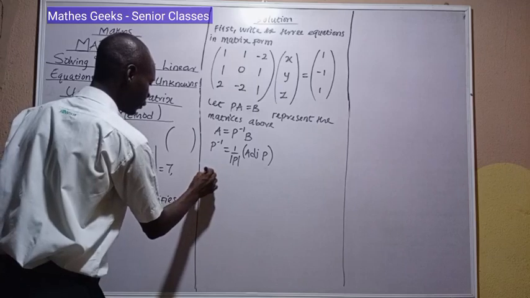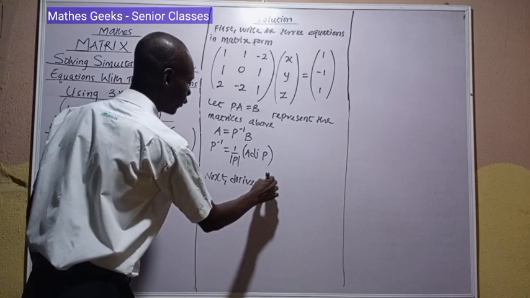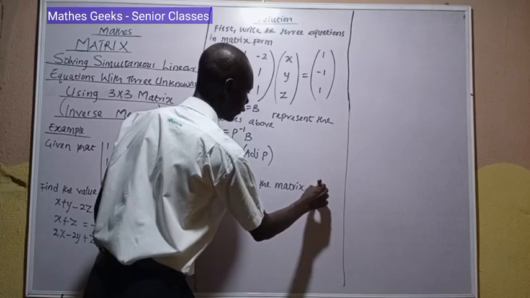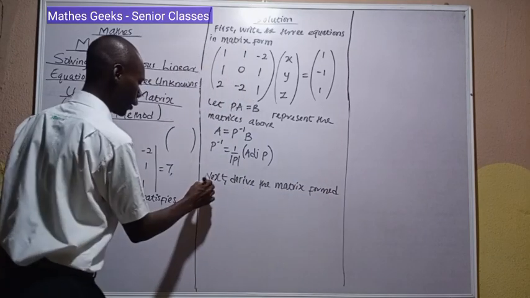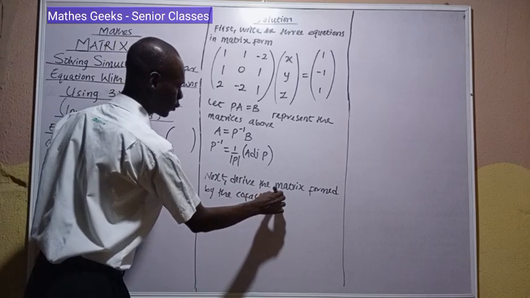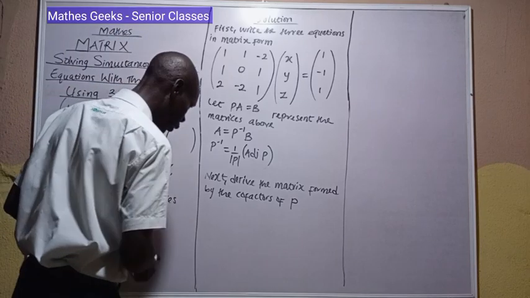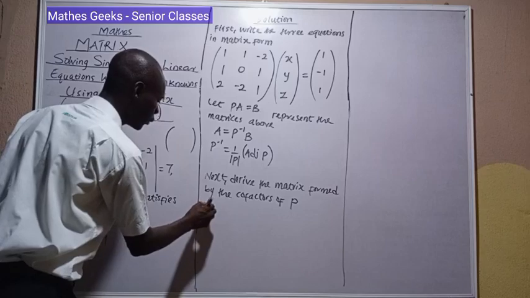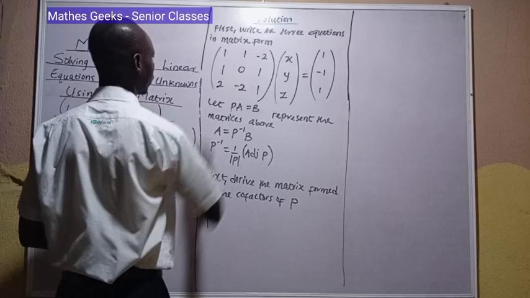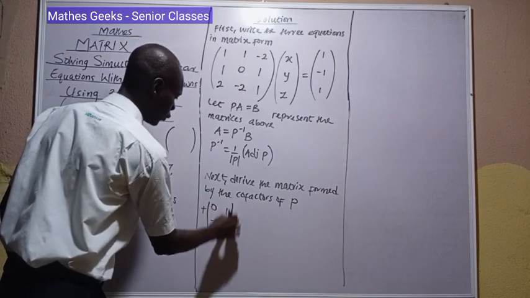So next, derive the matrix formed by the cofactors of P. This will give us plus, for first row, first column, the minor with 0, 1, minus 2, 1.